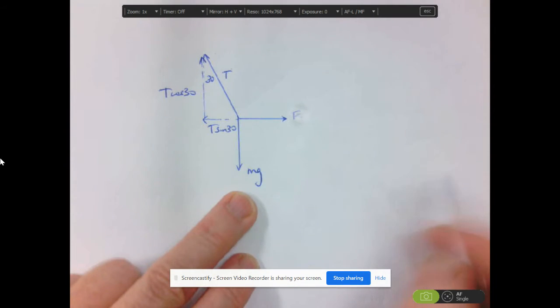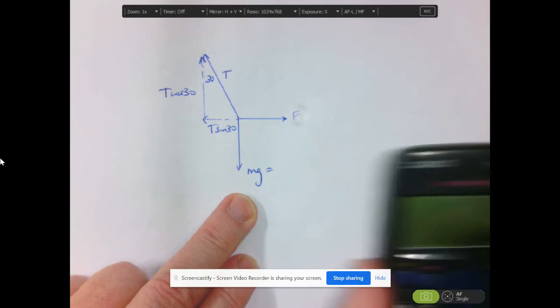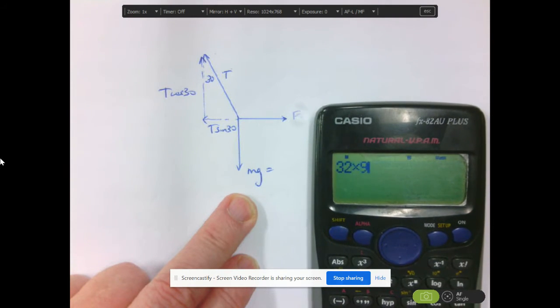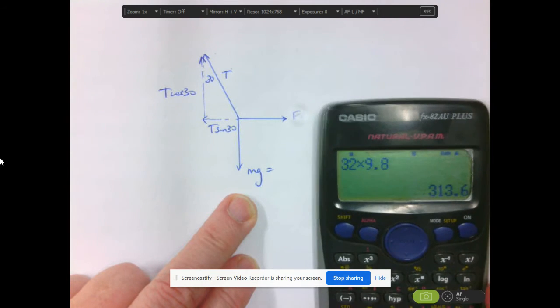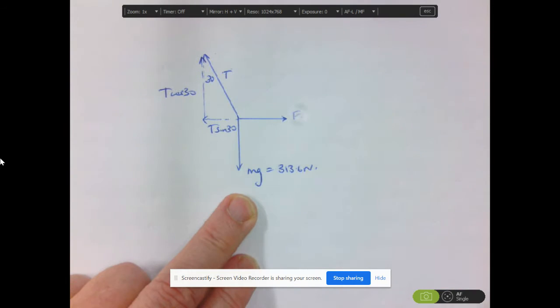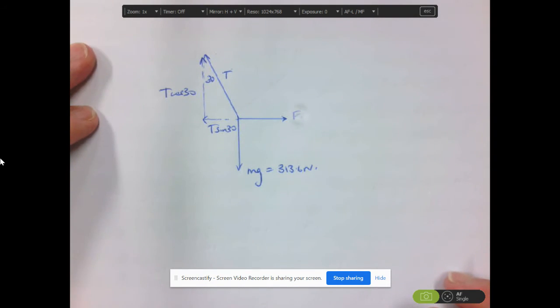The weight force down here is mg. Now we know that the mass is 32, so that's 32 times 9.8, and that will be 313.6 newtons going down there. Now we've got our force diagram drawn.